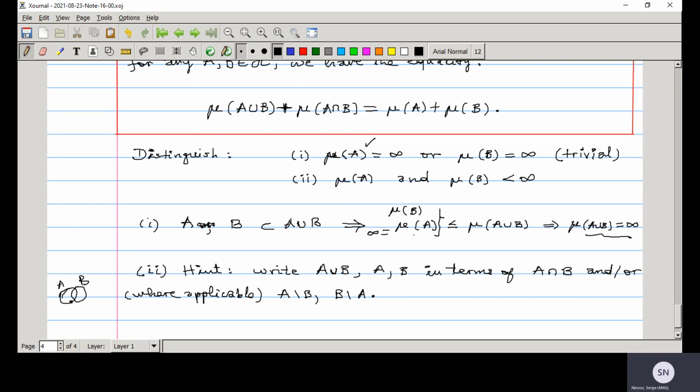And this one will be A minus B. So where applicable, you cannot write each one in terms of these two. The union can be written in terms of the two, but not A. A cannot be written in terms of this, and B cannot be written in terms of that. So for A, it will only be this one, for B, it will only be that, but for the intersection, it will be both. So once you write that, you apply the property of the measure, and you should be able to get this result.